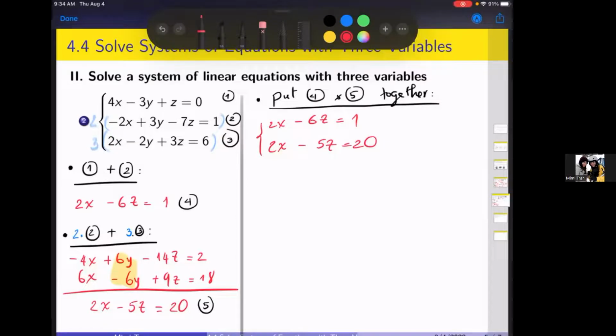Let me go back to my notes, see what happened. This is 4.4. All right, 4x minus 3y plus z, negative 2x plus 3y, 2x minus 2y plus 3. Okay, this is the same equation.